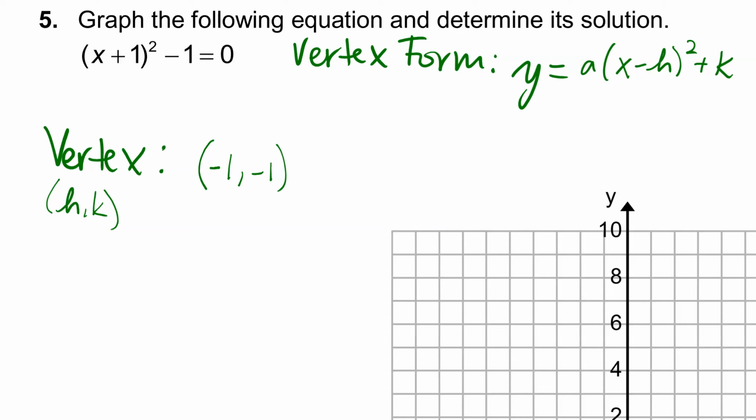Please notice this is negative h, which means here I would have x minus -1 squared minus 1. So this is my h. This is my k. Because if I plug in a -1 for h, it would make it a positive 1 right here, because the formula has a negative right here.